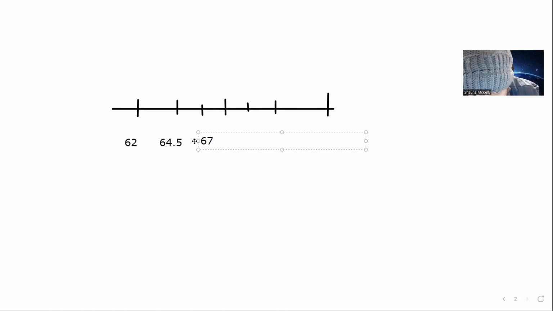This is going to be 2.5 more. So this is going to be 69 and a half. And this is going to be 72. So I have 67, I have 69 and a half, I have 72 after that. I have 74 and a half.